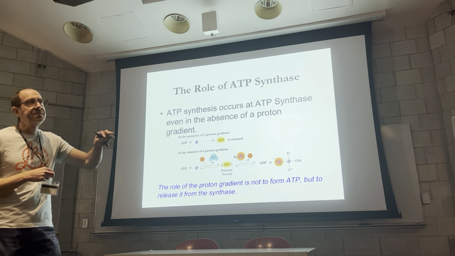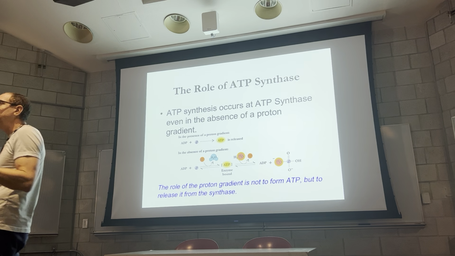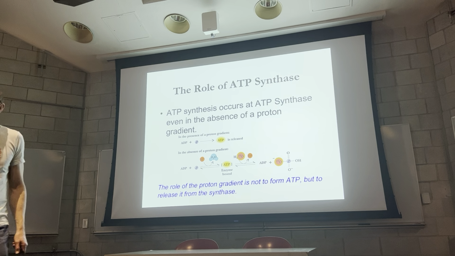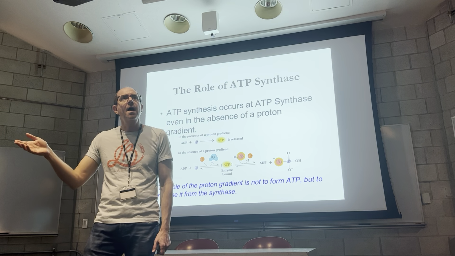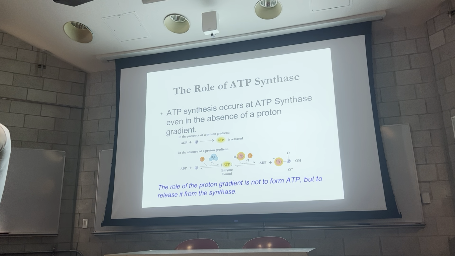But these clever experiments with labeling showed that if you incubate all of these different things in a test tube, labeled water, the enzyme, and ATP and ADP plus Pi, you could figure out the equilibrium constant on the enzyme by just seeing how often that O18 gets incorporated into the ATP.